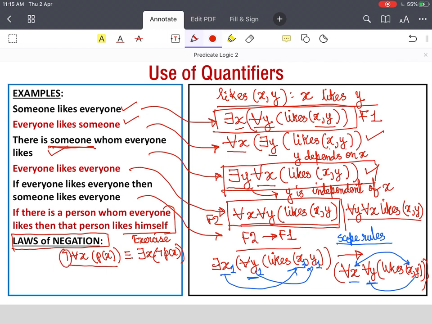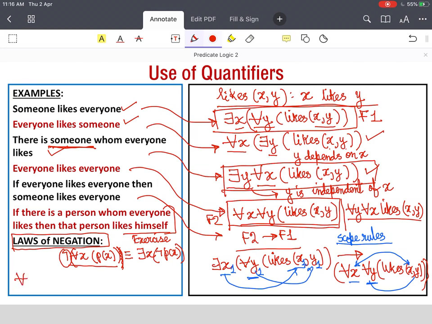This says for all x, p(x) is true, and this says for all x, p(x) is not true. If for all x, p(x) is not true, then there must be some x for which p(x) is false. So these two are equivalent.